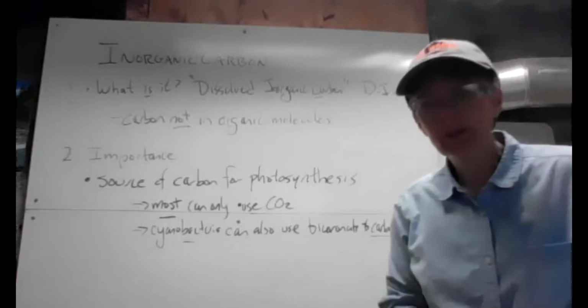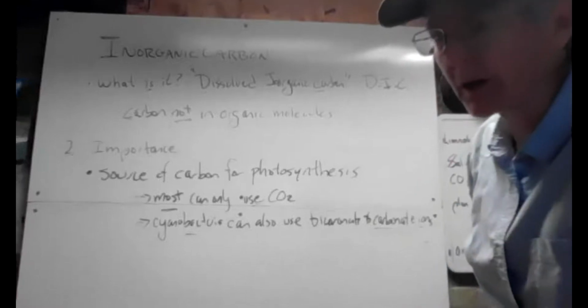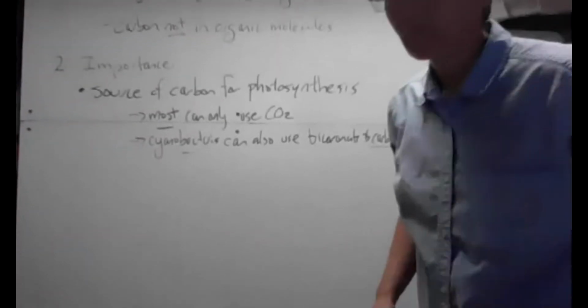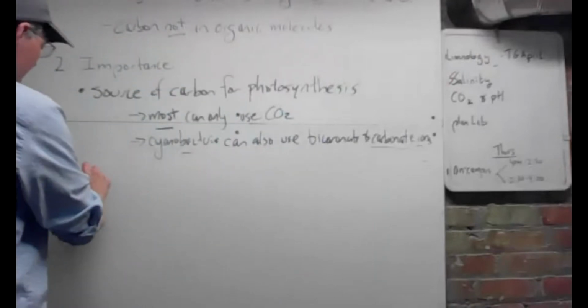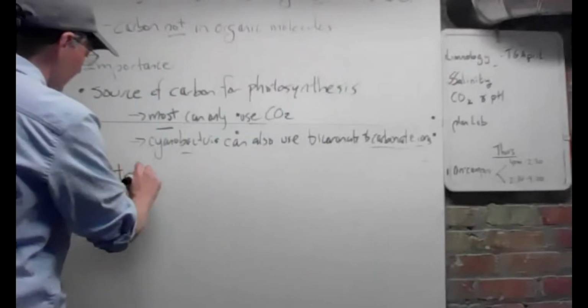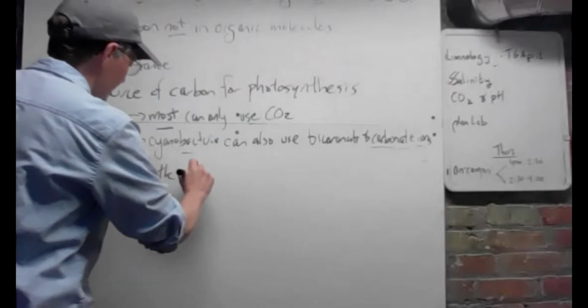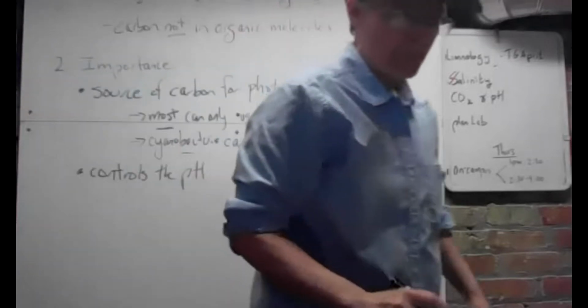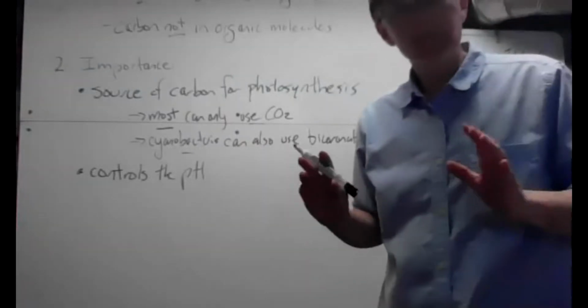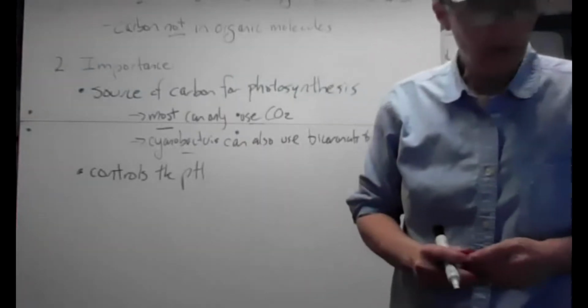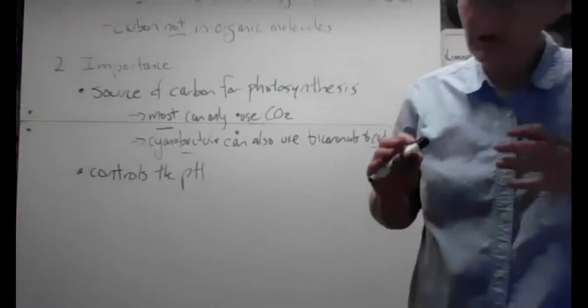All of that leads to another big reason that inorganic carbon is important in lakes, and that is because it controls the pH. The carbonate buffer system that we're going to talk about in detail is what really controls the lake.